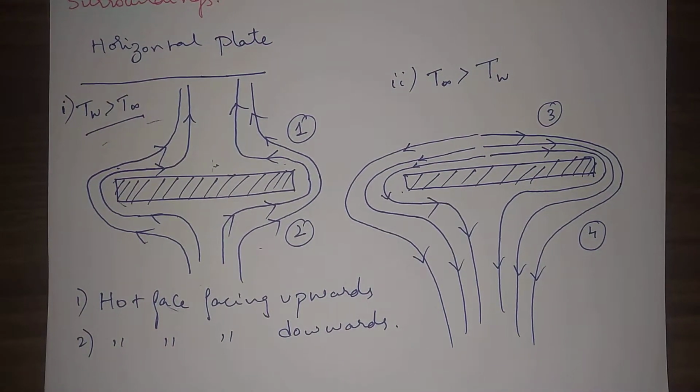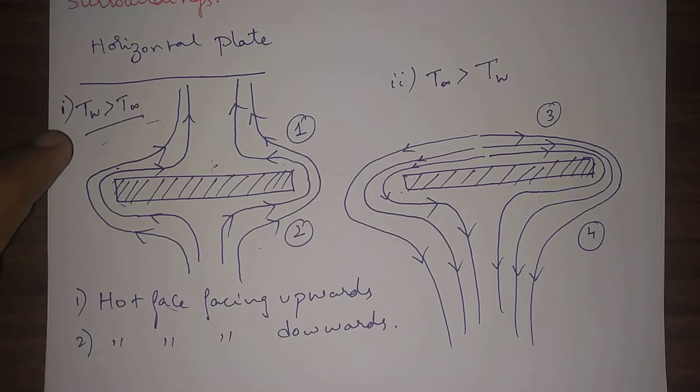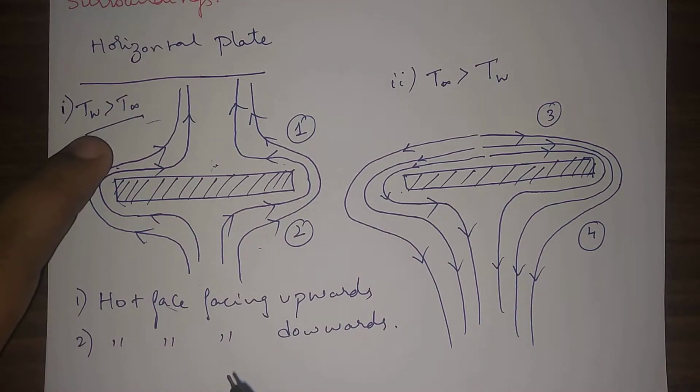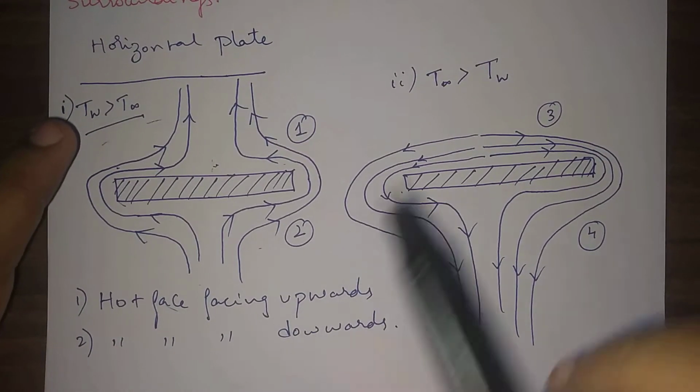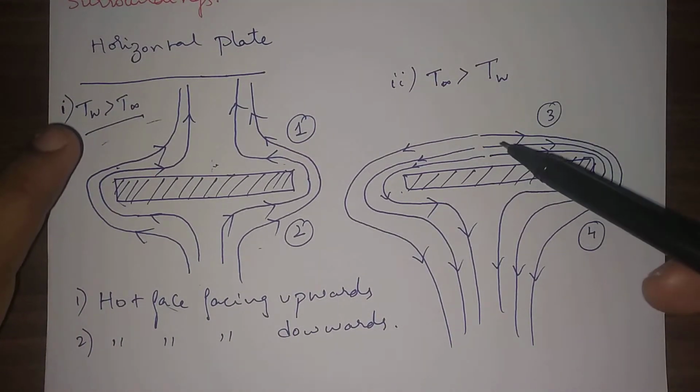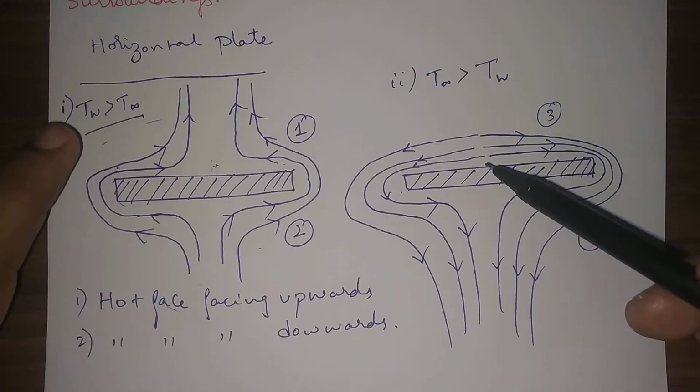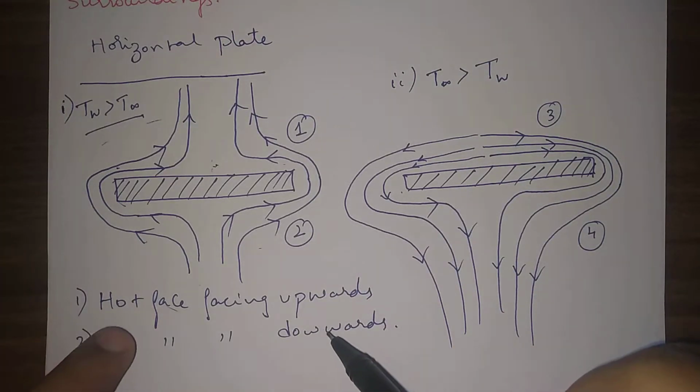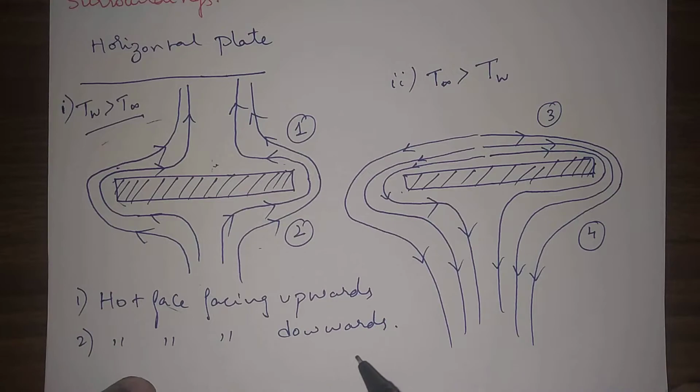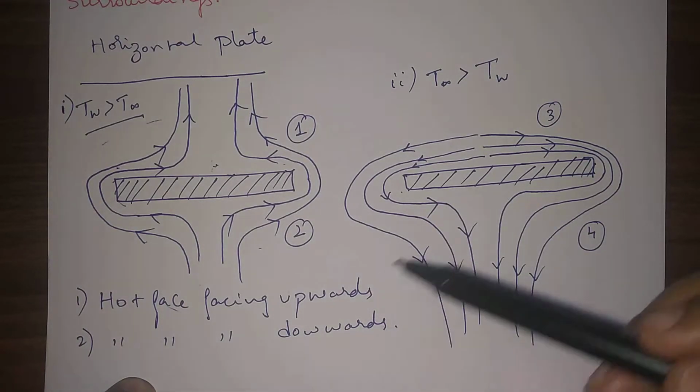Whenever you want to calculate the heat transfer coefficient for a horizontal plate, you need to be aware of the first condition, whether T wall is greater than T infinity or not, and the next, whether T infinity is greater than T wall. Accordingly, this and this condition, hot face facing upwards and facing downwards, are almost one and the same.